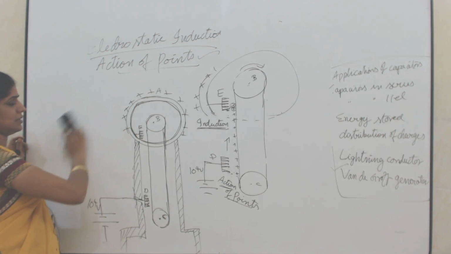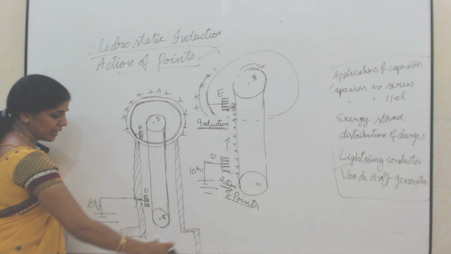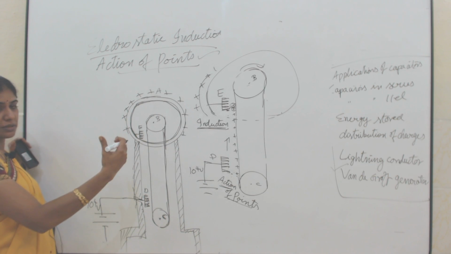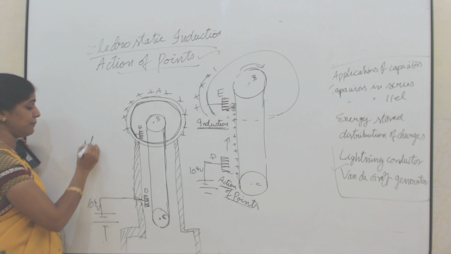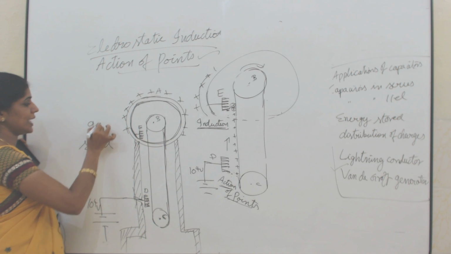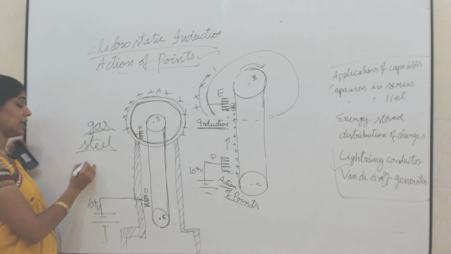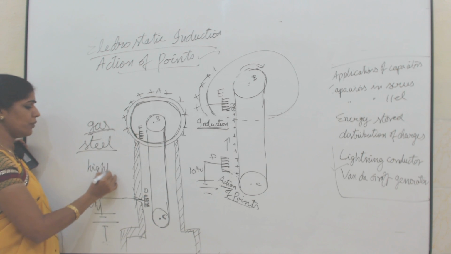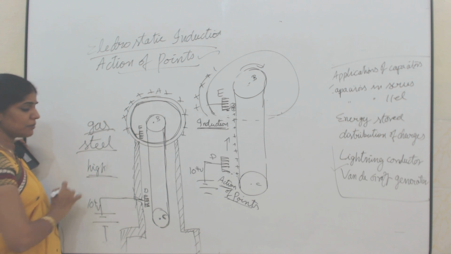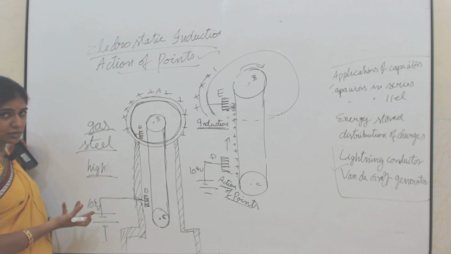So to prevent this, what can we do? The whole apparatus we can place in an evacuated steel chamber, or I can keep it in a gas filled steel chamber under very high pressure. So how can I protect against the leakage of charges due to ionization of air?